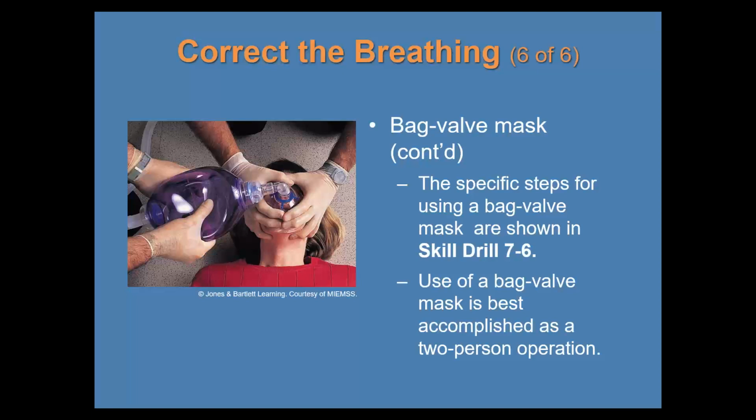Then the mask detaches from it, and it'll have a tube coming out of the back that hooks to the oxygen, so that we can provide 100% oxygen, or as best we can, to the patient as we're giving breaths. That's always a good thing. We're going to get more into O2 in a little bit, but that's definitely something we want to try to achieve whenever we're doing respirations.